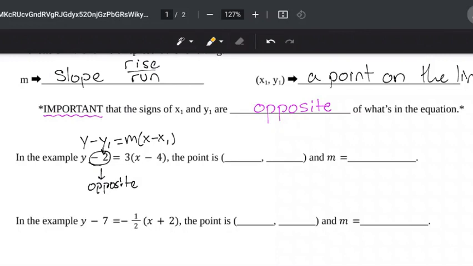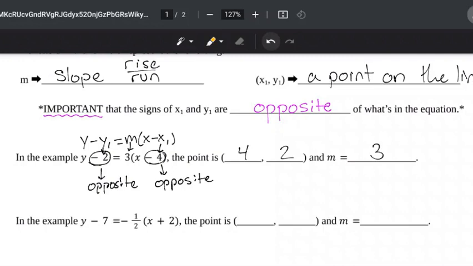That's what our important note was. So y1, it looks like negative 2, but we do the opposite, positive 2. x1 appears to be a negative 4, but we want to do the opposite, which is positive 4. And then the slope lines up with 3. It's what's next to the parentheses.